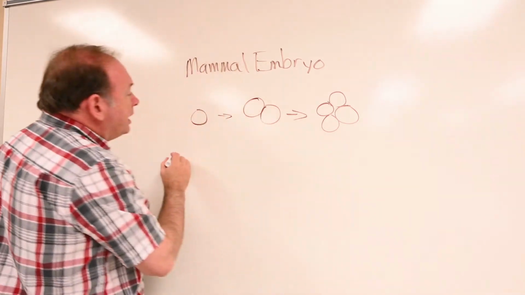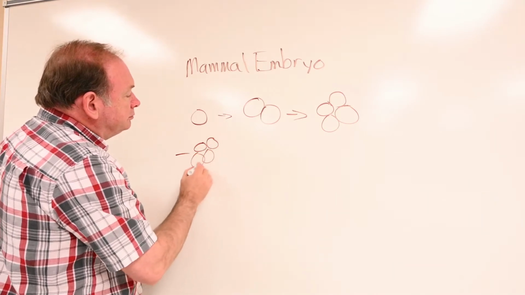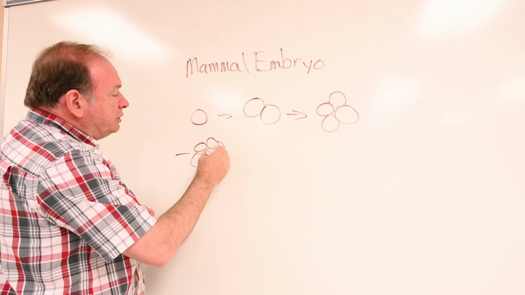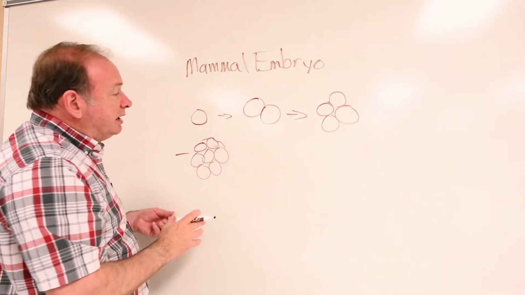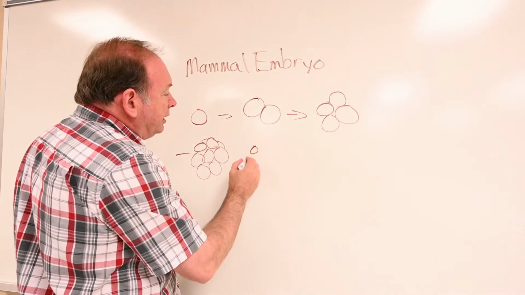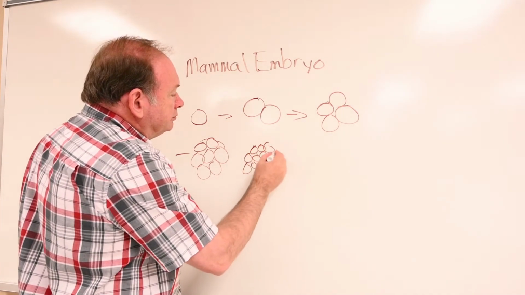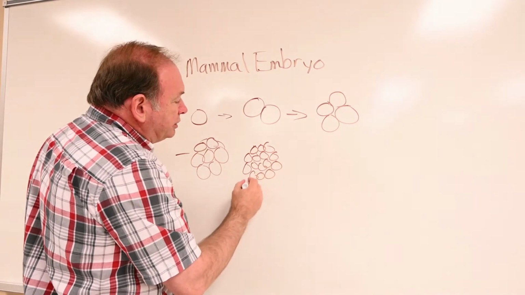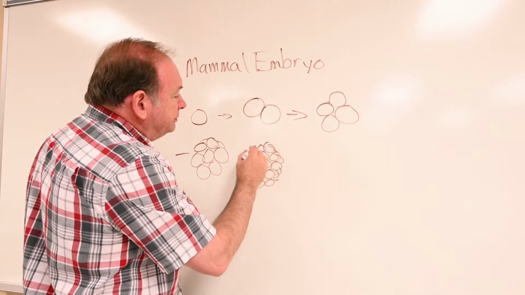Then you go on to the 8-cell stage and so on. So you have this three-dimensional sphere of dividing cells, and eventually you arrive at the morula stage of development, that berry-like stage.